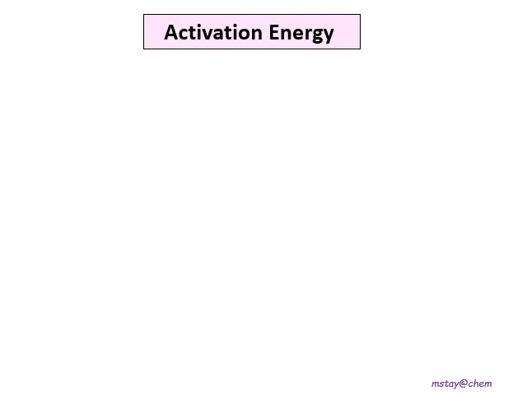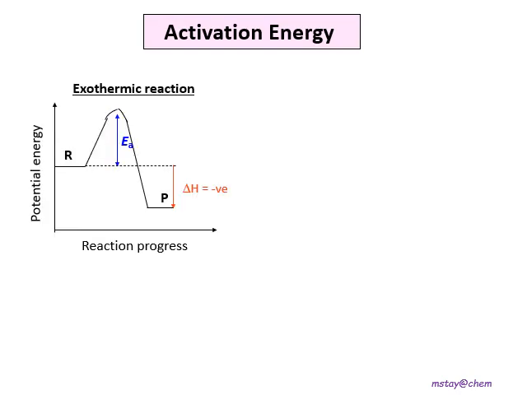Now let's check how to identify the activation energy through the energy profile diagram. This is the energy profile diagram, showing an exothermic process. R represents the reactants, and P represents the product. Activation energy is the energy used to initiate a chemical reaction, so we have to start from the reactant.